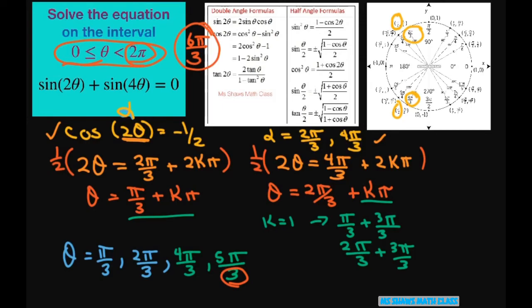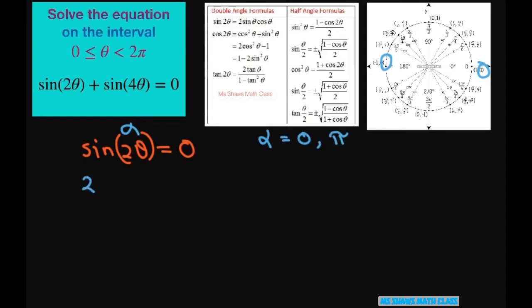Now let's do the solutions for sine of 2 theta, and we have this equal to 0. So we want sine of alpha equal to 0. That means where your y is 0, so my alpha is going to be 0 and pi.